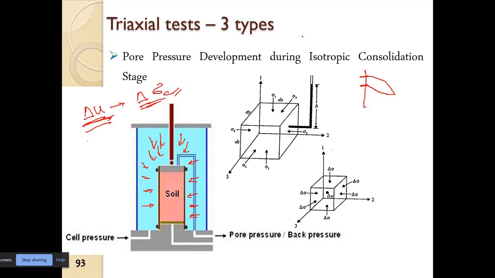All right, so that is what we term the over consolidation ratio. So the next time when we load the soil, we will come to know, because at that point it will again change the behavior. In this case, this is the recompression curve, and this is the normally consolidated curve.